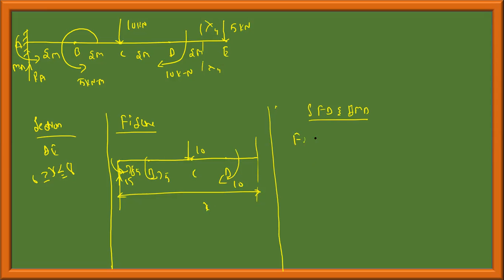F is equal to the summation of forces, which is equal to 15 minus 10, which is equal to 5 kilonewton. M is equal to the summation of moments about x, which is equal to 15 into x minus 85 minus 5.